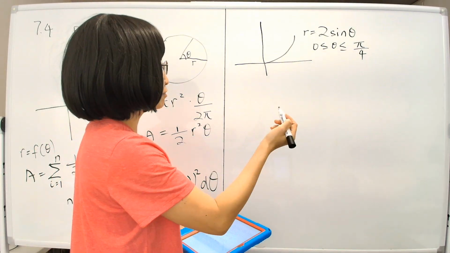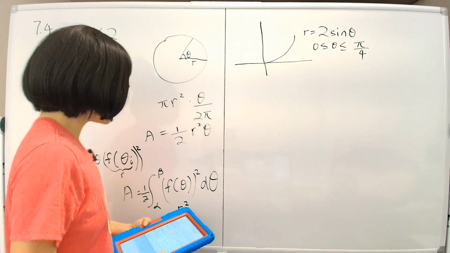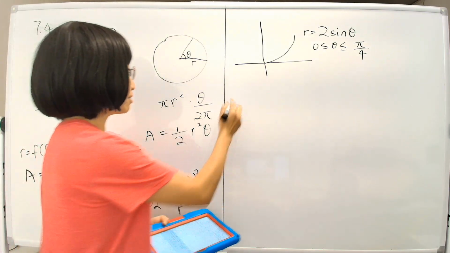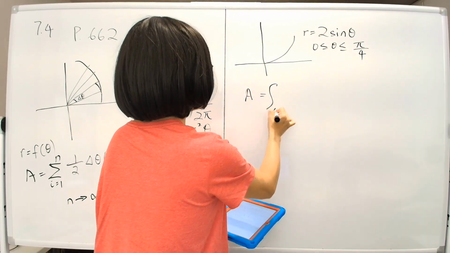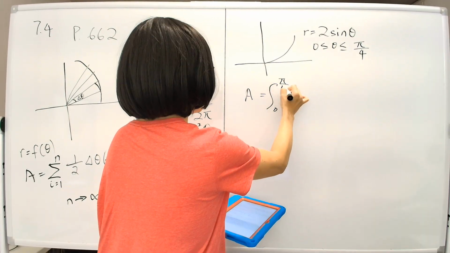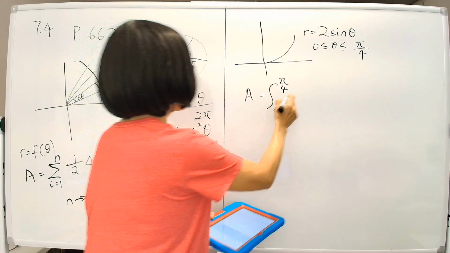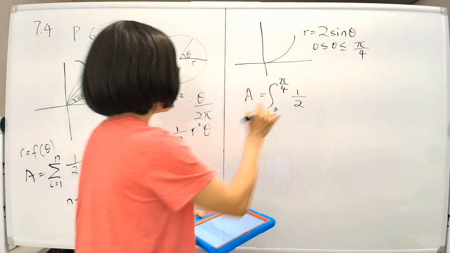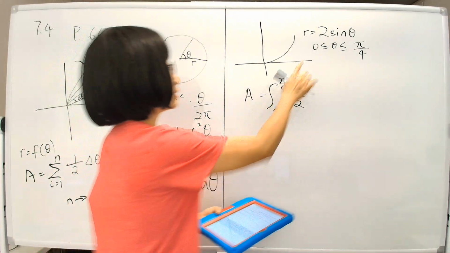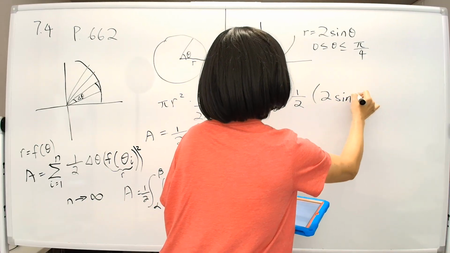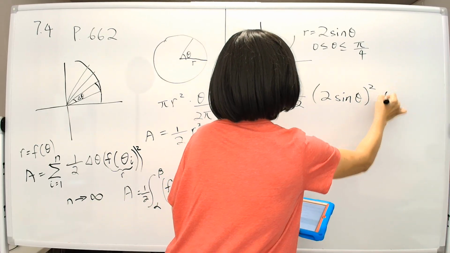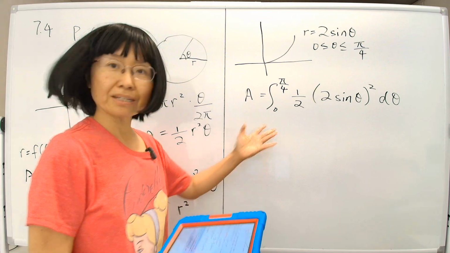We're integrating from 0 to pi over 4, and I'll write it out. The area equals the integral from 0 to pi over 4 of 1/2, don't forget the 1/2, times r equals f of theta, which is 2 sine theta, squared, d theta.